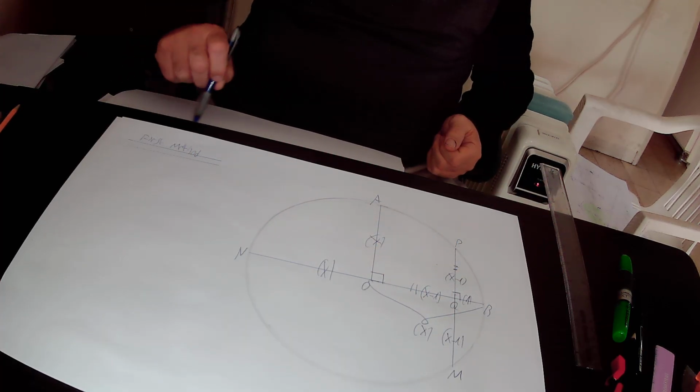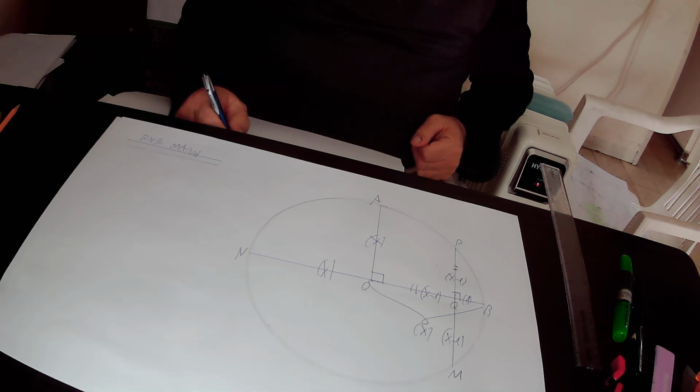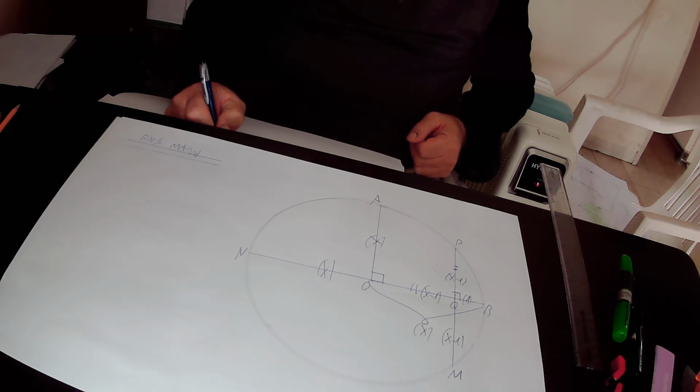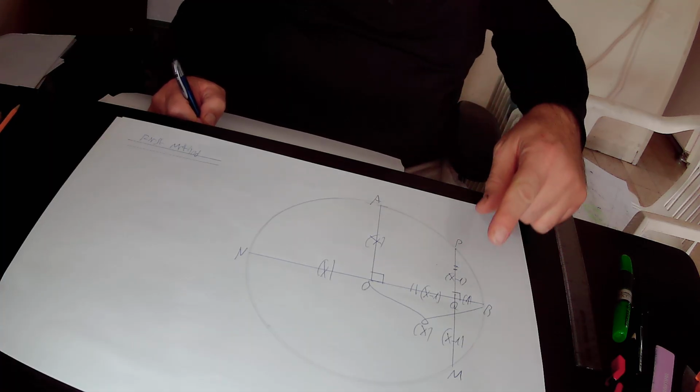So, write it down: NQ times QB equals PQ times QM.